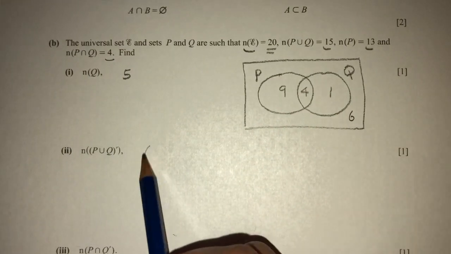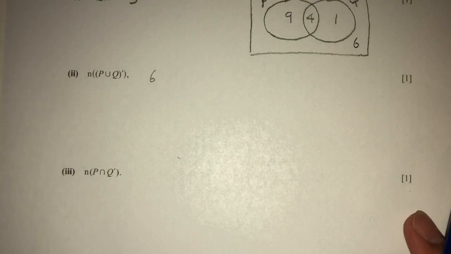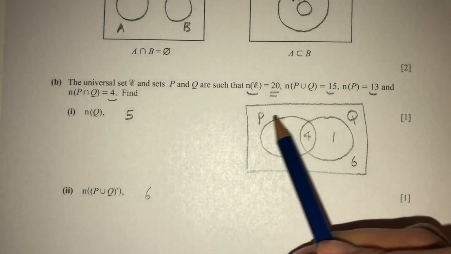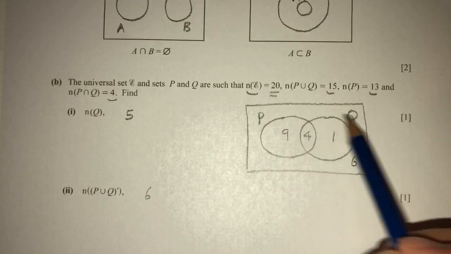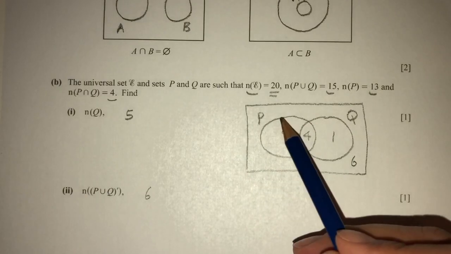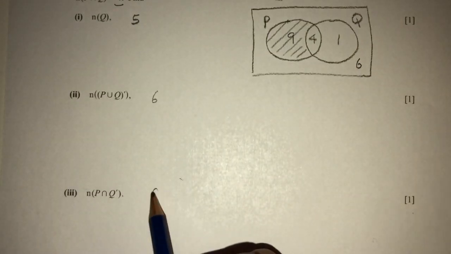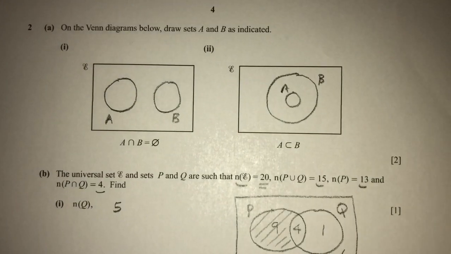And finally, we have to find P intersecting Q prime. So first, P is here. Q prime will be outside of Q, so it will be this one. So that will be 9 as your answer. That is your question number 2.